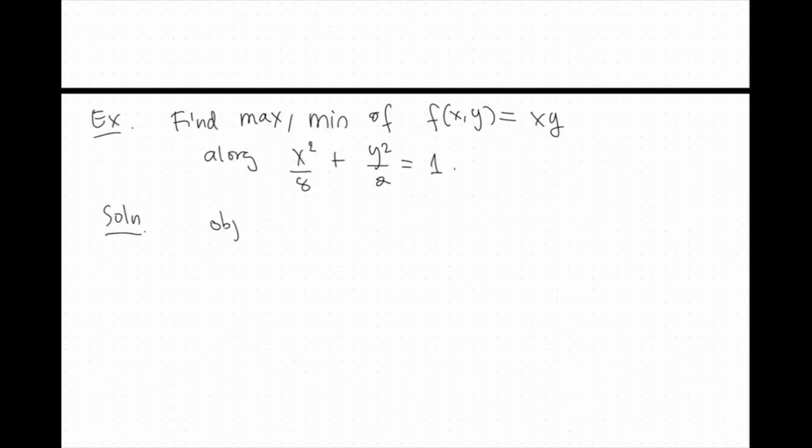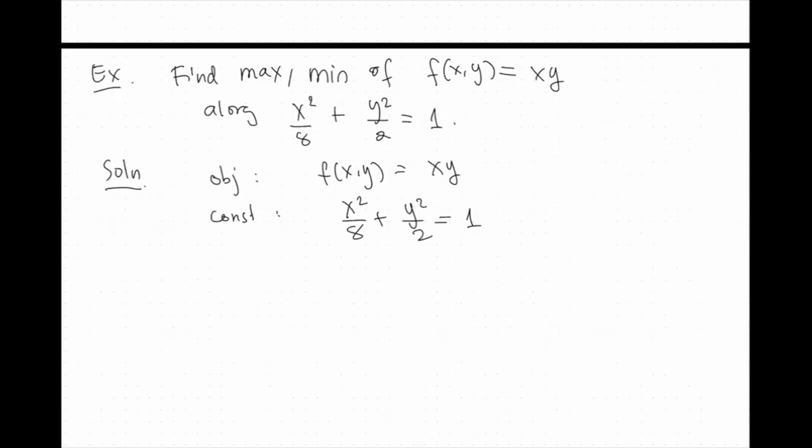So the objective function is f(x, y) equals xy, and the constraint is x squared over 8 plus y squared over 2 equals 1.